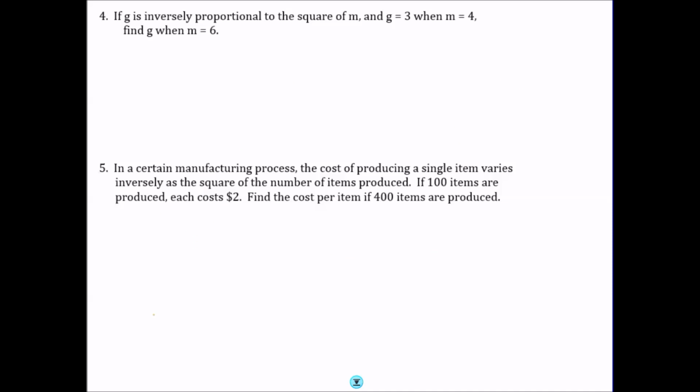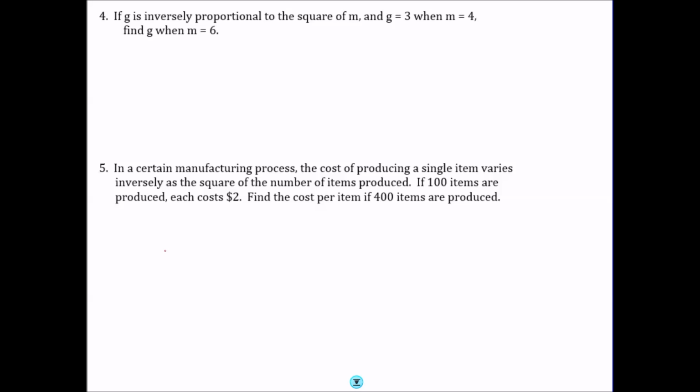Number 4 says, if g is inversely proportional to the square of m, and g equals 3 when m equals 4, find g when m equals 6. When you're doing these problems, make sure that you stop at each comma in the problem. Generally, each phrase gives you enough information to do one step of the problem. So we have if g is inversely proportional to the square of m, or if g varies inversely with the square of m.